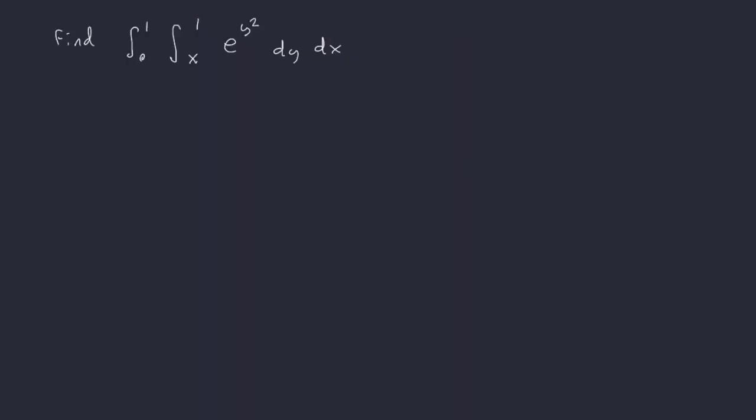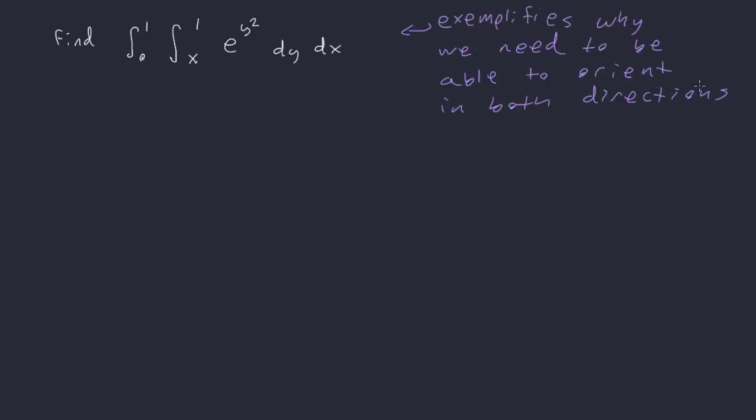Okay, now here is an example to show, I'm keeping the region still simple, but it's to show why we need to know how to orient in both directions. Okay, because the reasoning is, what we have here is just like we had before, that our inner integral is in terms of y, right?